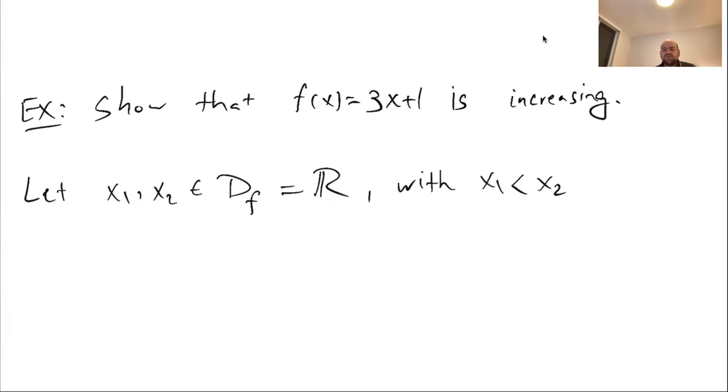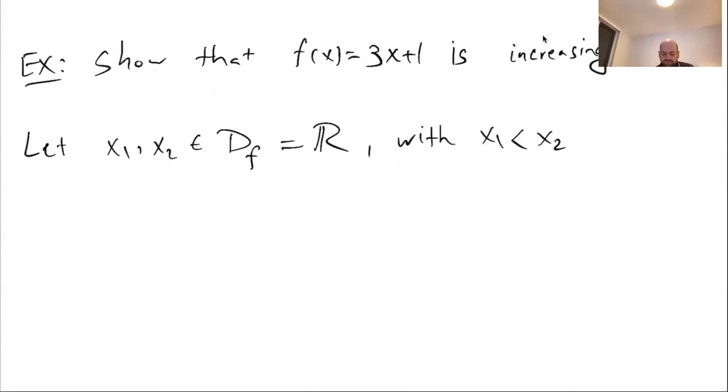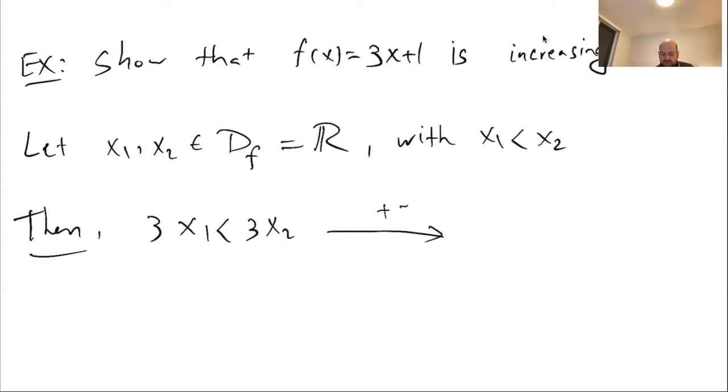So how can I construct f of x1? Well, I have x1 right now. I need 3x1 plus 1. So why don't I multiply both sides of the inequality by 3? Then we get 3x1 less than 3x2. And then let's add 1 to it.